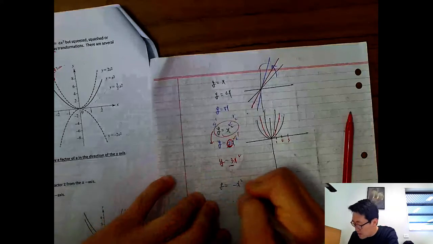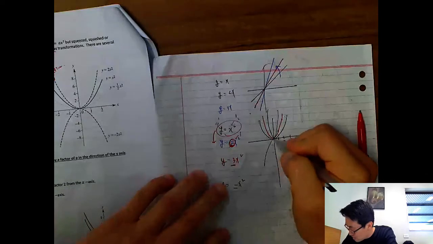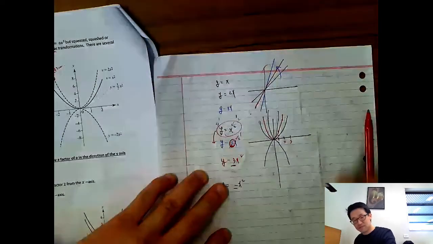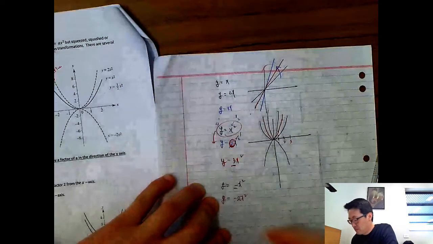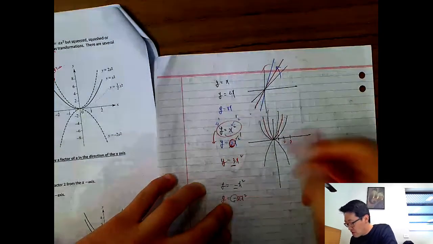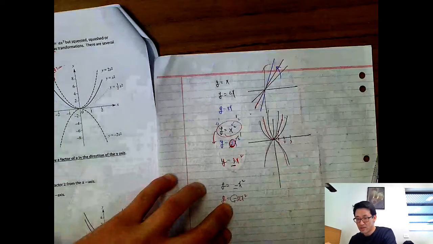Y equals minus x squared. Oh, it's a negative, so we should have the opposite one. Y equals minus 2x squared. So negative always just shows it's reflected the other way.